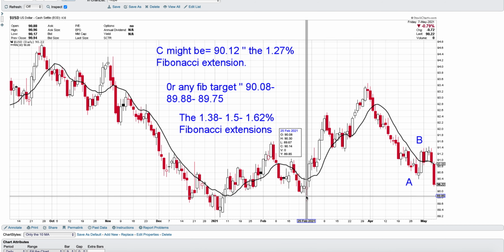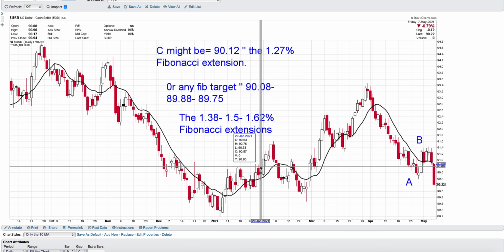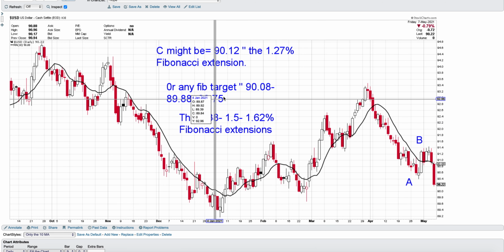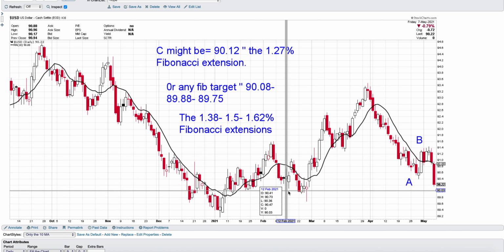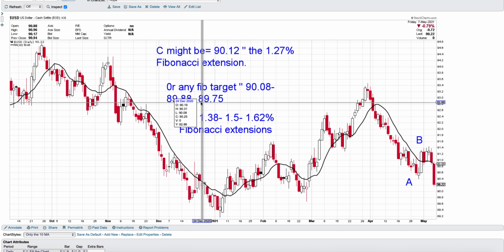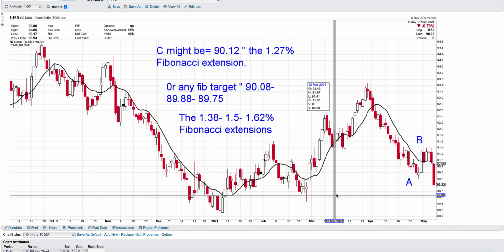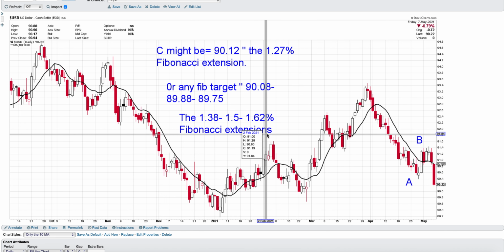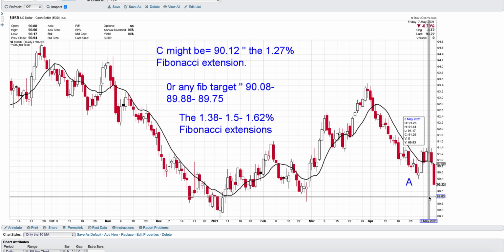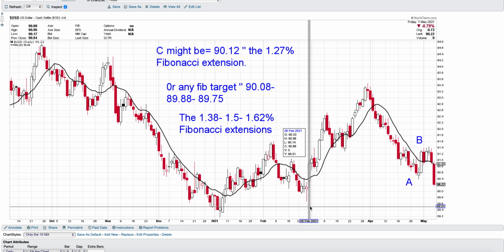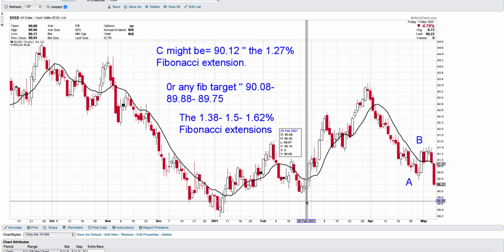Another area is 8967, which is close to the 162 Fibonacci extension. So if we conclude it at this level, you do a very, very reliable 162 with a price memory that proved itself in the past and produced an amazing 3% rally in less than a month.